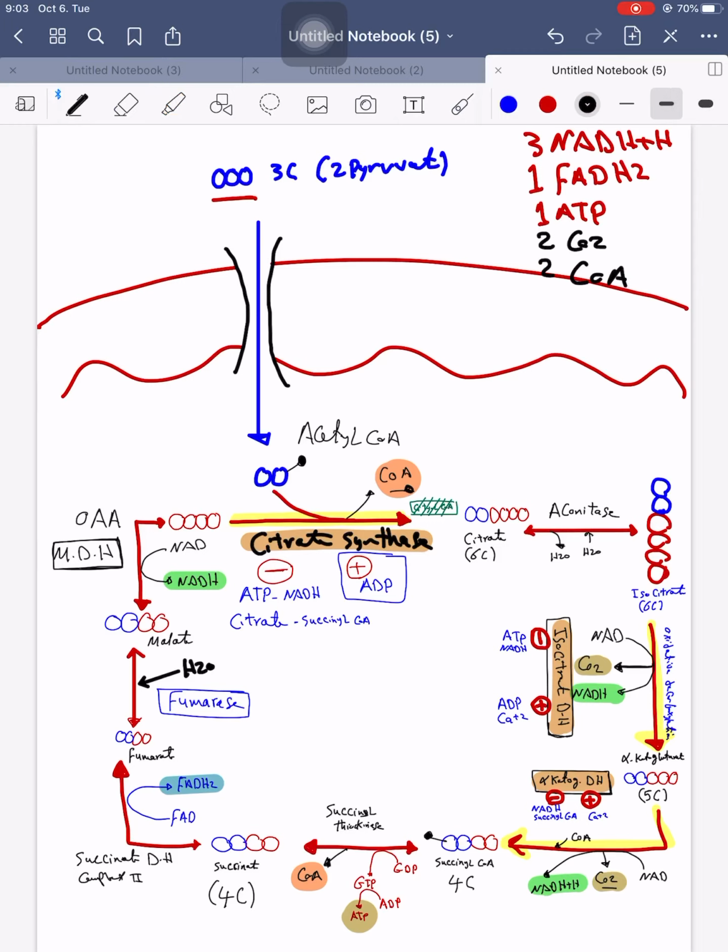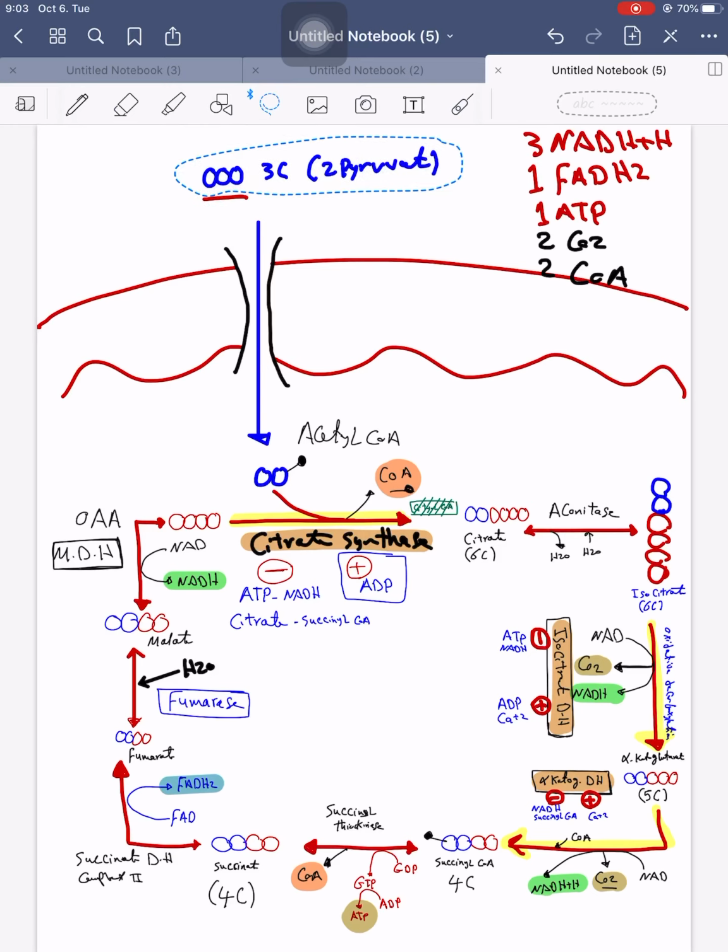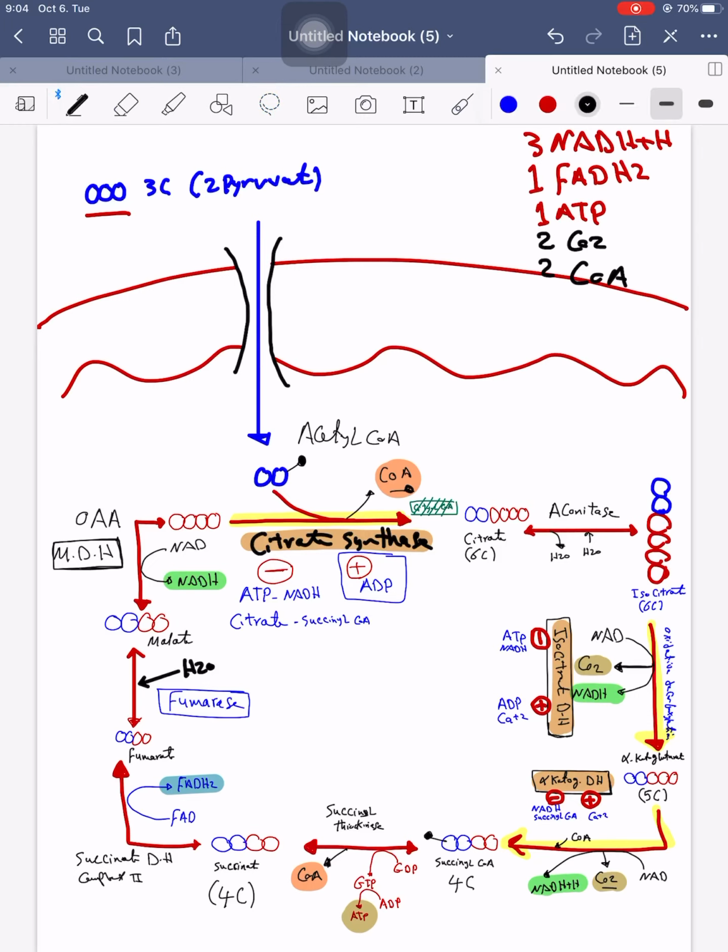Here is the total production from 1 acetyl. But if you talk about the production from 2 acetyl, because we have 2 pyruvate, 2 acetyl, you can make this number times 2. So here is very important. To make it easier for you, I just change the numbers.